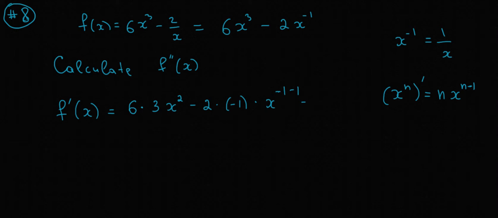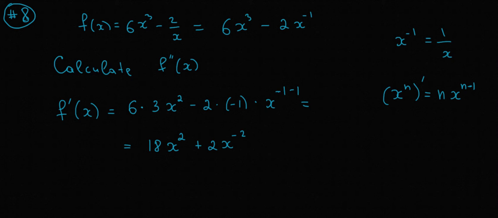Let's simplify our result. This is the same as 18x squared and then we get plus 2x to the power negative 2.